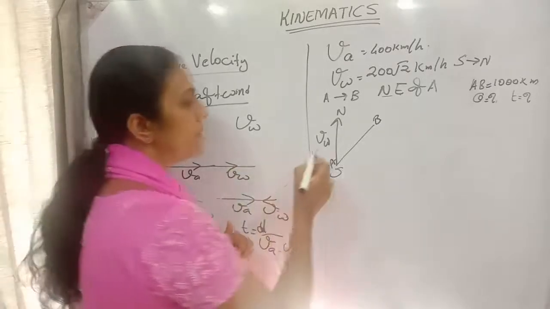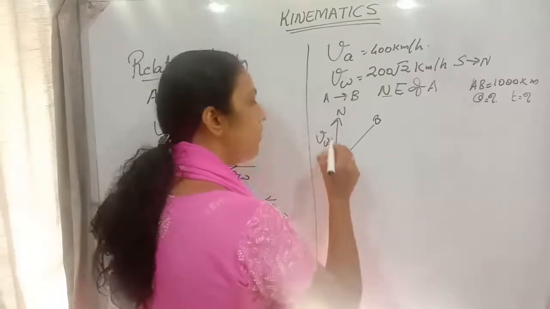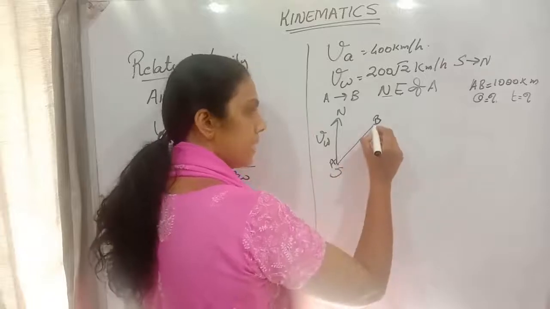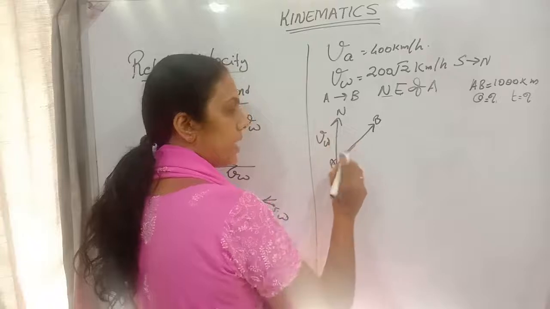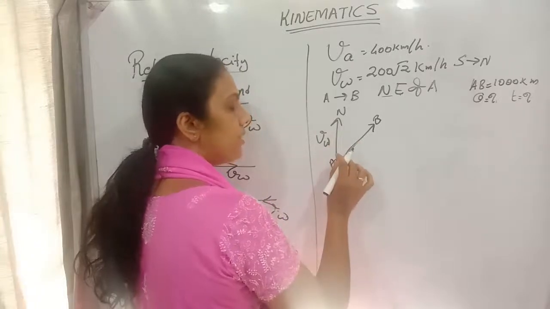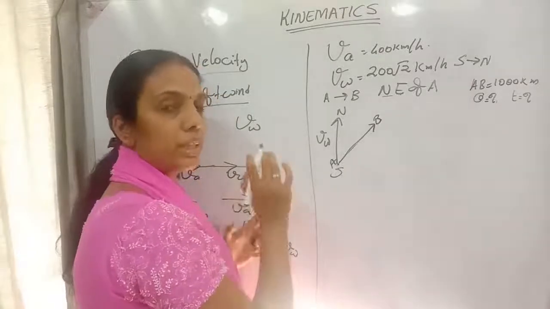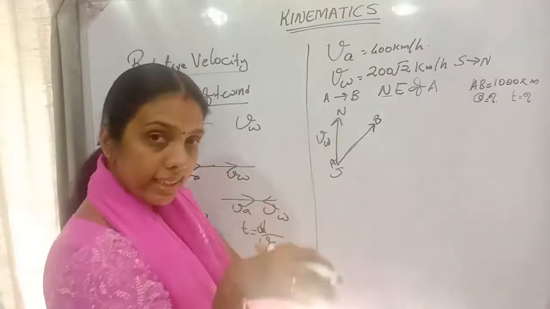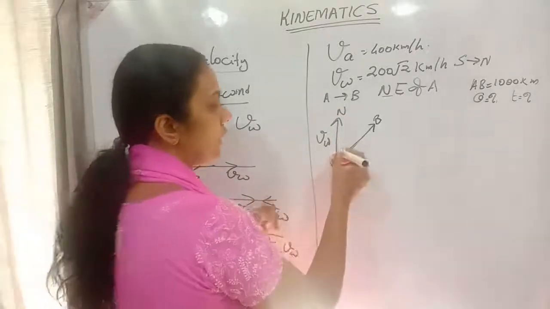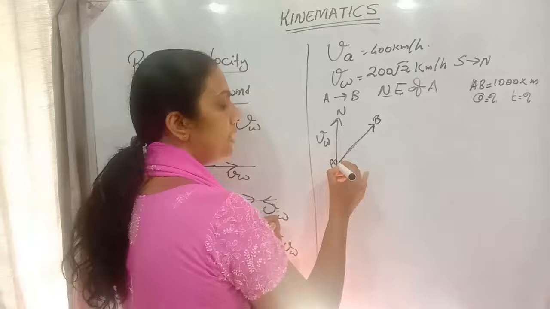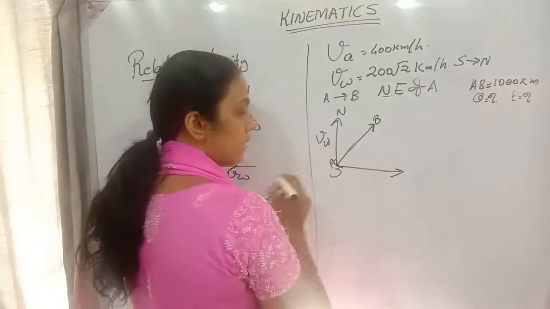If the aircraft starts from here, it is trying to move in this direction AB, but the wind is pushing in this direction. So instead of reaching this point, it will be shifted. So if he steers at an angle alpha to the backward direction, instead of reaching the other point, he can reach B itself. This is the perpendicular which I am drawing.